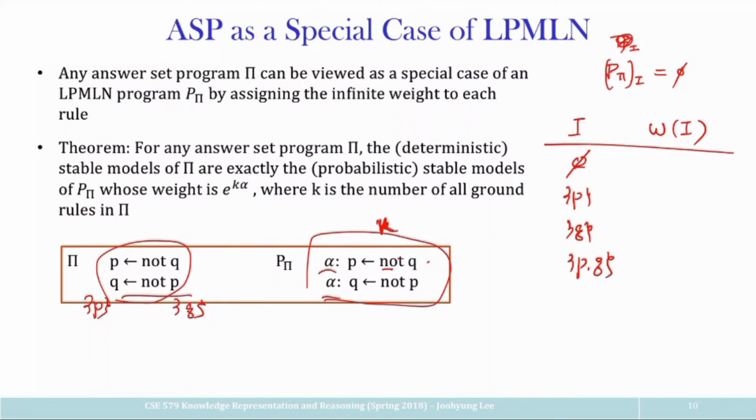All right, so then what is the weight? So e to the power of the number of rules that are true, right? So we have to add up all those weights, but there's nothing to add. Then what is the identity?